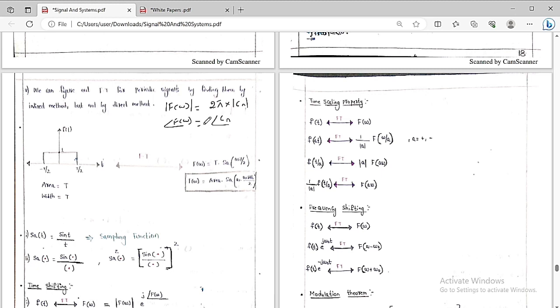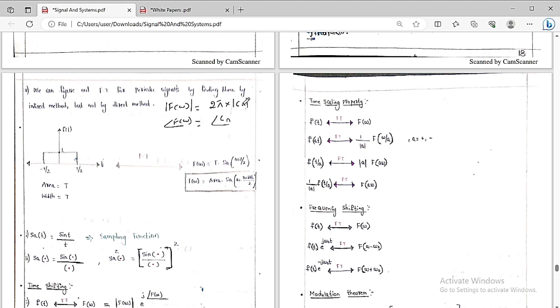Cn is the Fourier series coefficient of the periodic signal. Cn is a complex number, it has a magnitude and a phase angle. So find the magnitude and multiply by 2 pi to get the magnitude of F of omega, and find the phase angle, which equals the phase angle of F of omega.